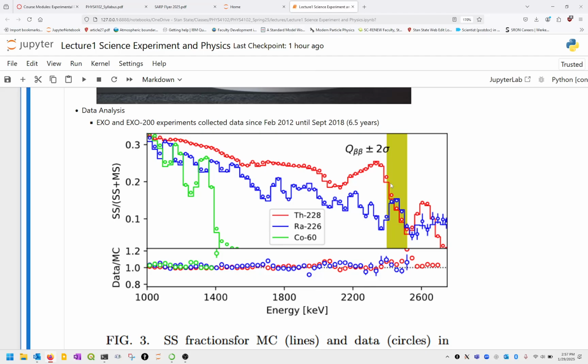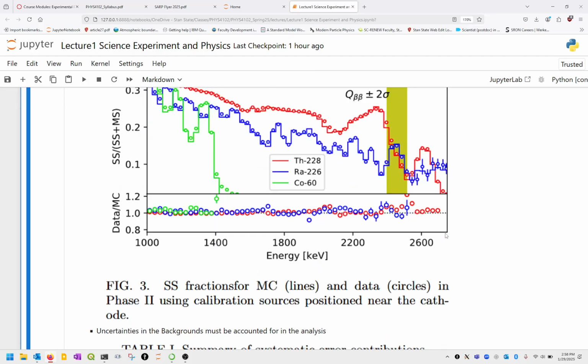If the energy is beyond some number, that's an indication that it was a double beta decay with two electrons coming out without a neutrino. And there's a low threshold, this yellow bar here. Beyond this is what they're looking for as signal. Okay, so this is data analysis.